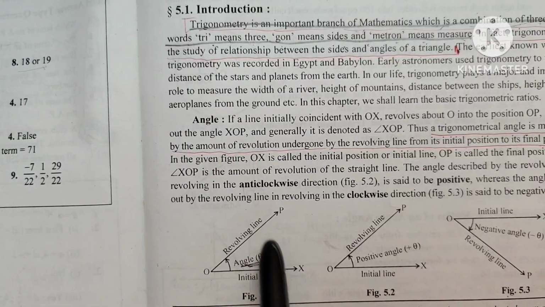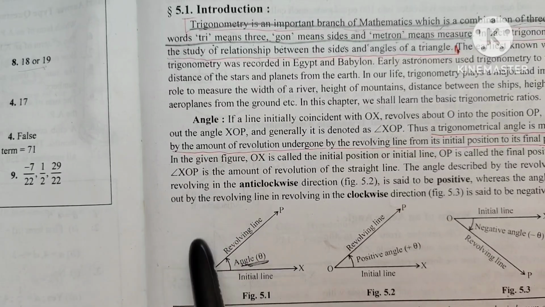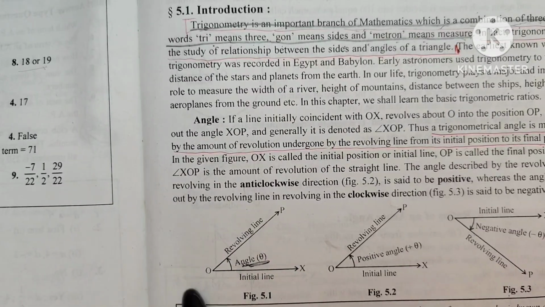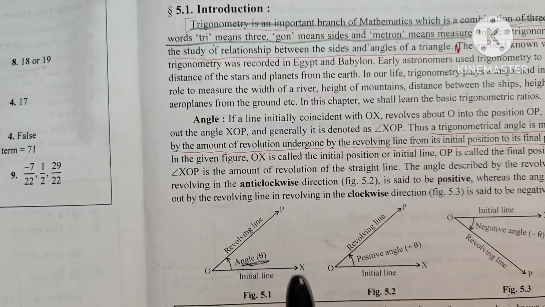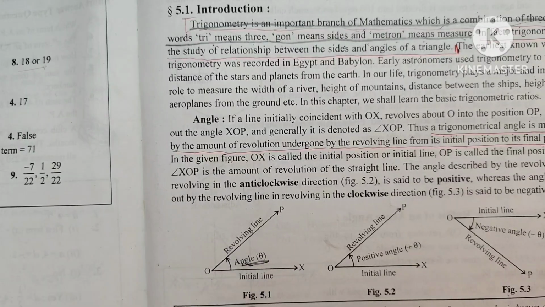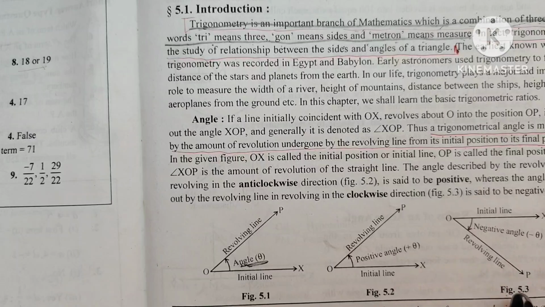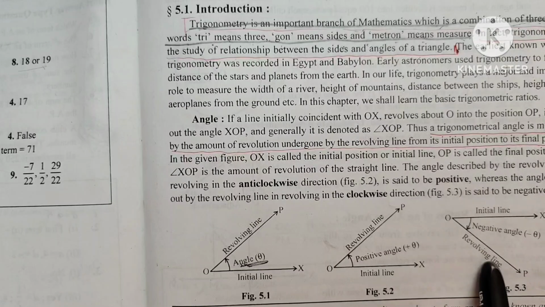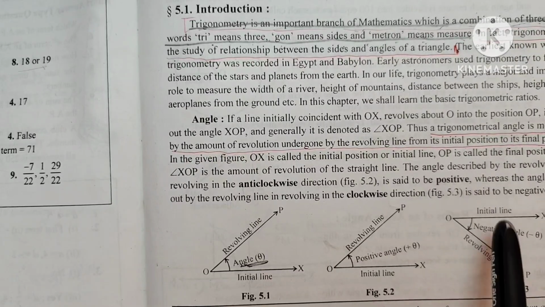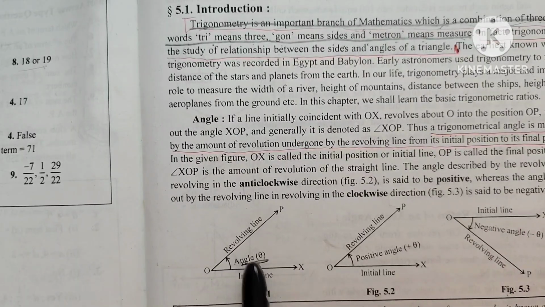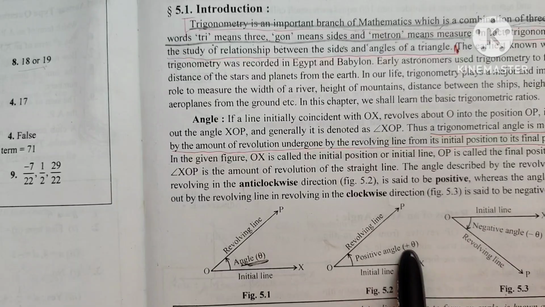If your rotating line is revolving in anti-clockwise direction, then you have to show the positive angle, and if your revolving line is going in clockwise direction, then the angle is called negative. So these are negative angles, and these are positive angles.